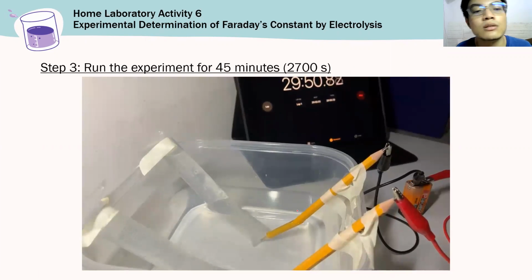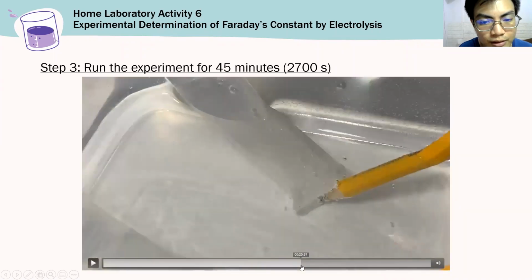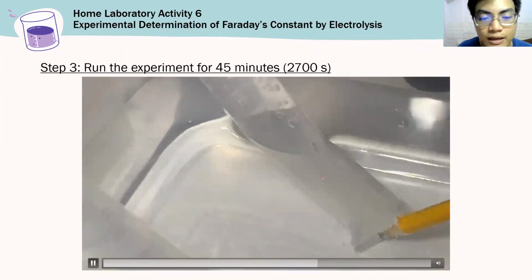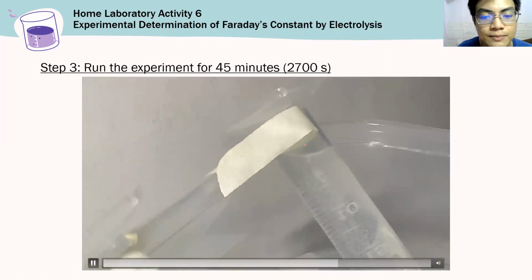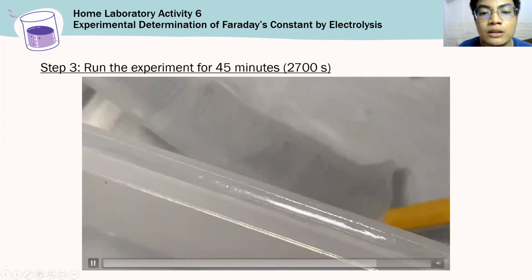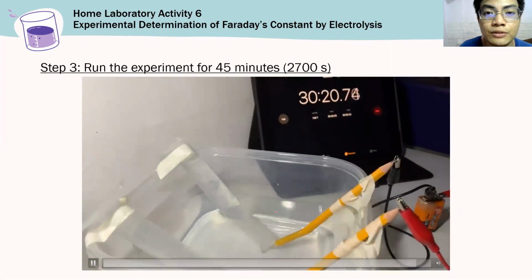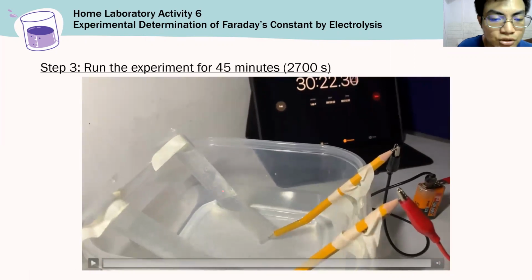As you can see, in one compartment, you will have a lot of bubbles of gas. For example, in this compartment, I have so many bubbles of gas, while on the other one, I don't have that much. The compartment with the most amount of gas bubbles is actually your hydrogen compartment.